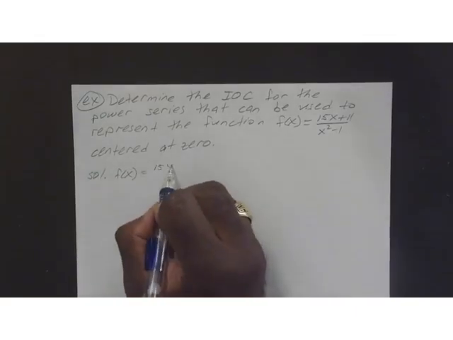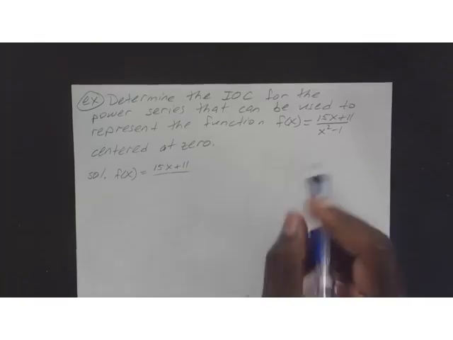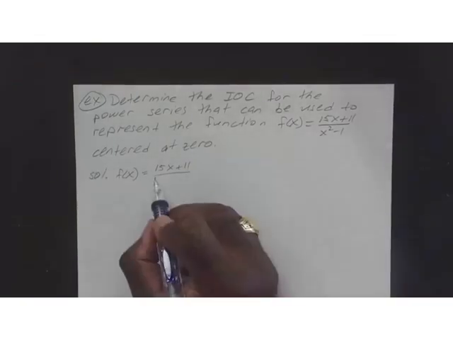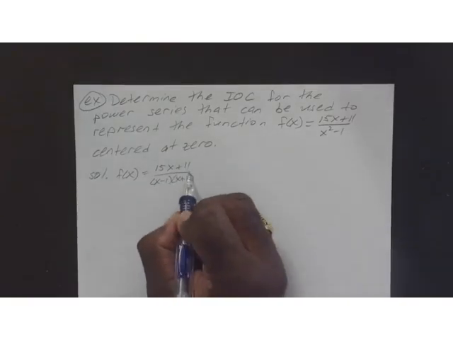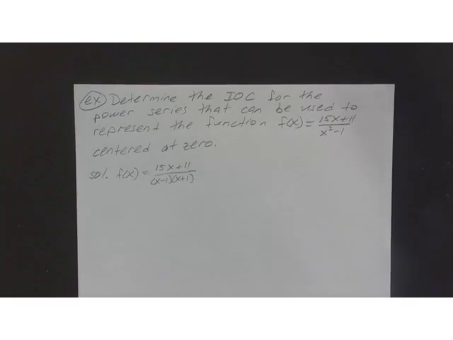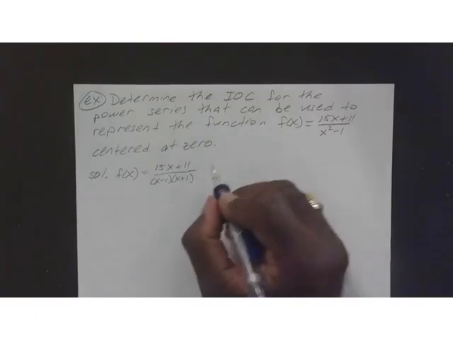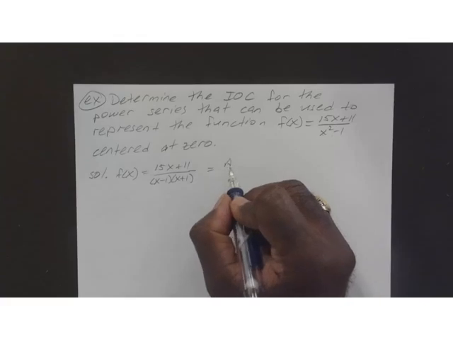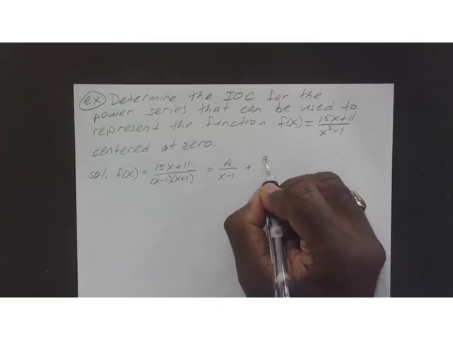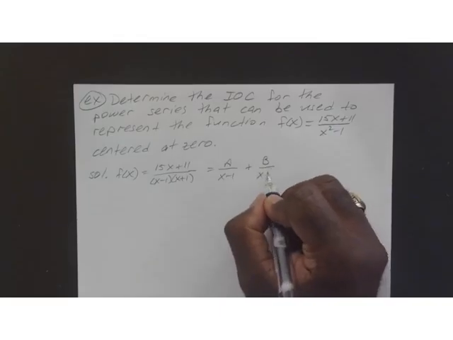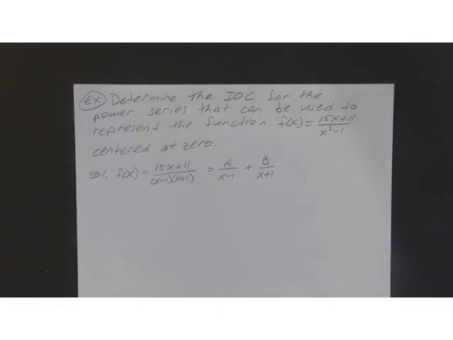So that 15x plus 11 divided by x squared minus 1, remember that's just x minus 1 times x plus 1. We're going to rewrite that as some value a divided by x minus 1 plus some value b divided by x plus 1.